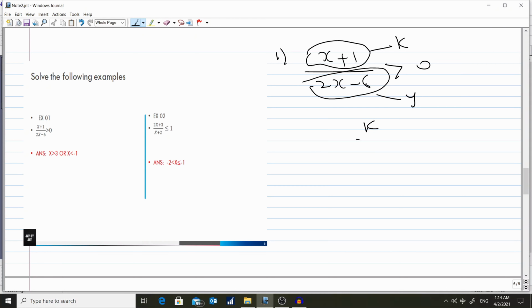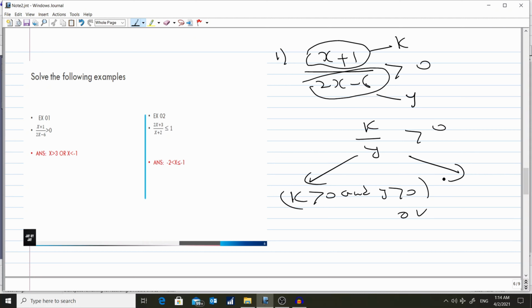So here we have k over y greater than 0. What are the possibilities that satisfy this expression? We can take k greater than 0 and y greater than 0.